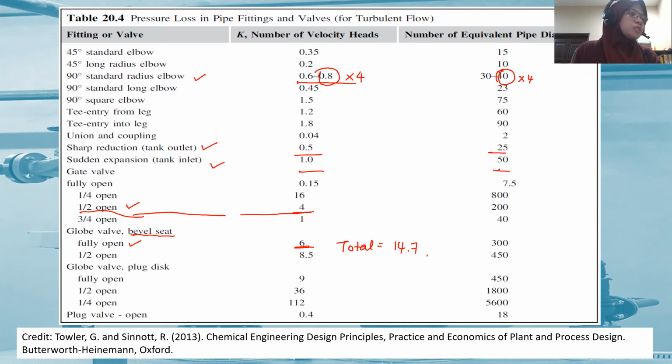Standard action. Yeah, right. Adding up all of these, we get a total number of equivalent pipe diameters equal to 735. Okay, keep it safe. Hope you remember this information that I'm showing in this table.